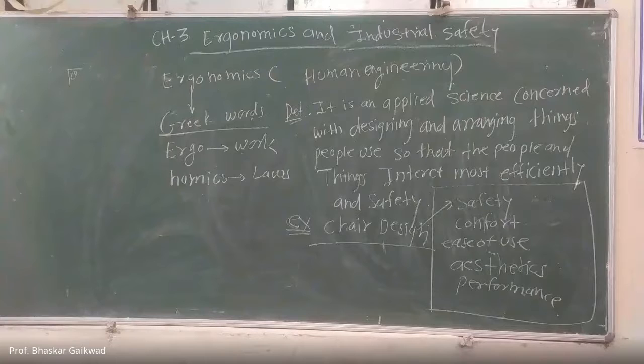Arranging things, things meaning various parts in our locations, and there should be good interaction with that part so that people feel safety, comfort, ease of use, aesthetics and performance. Here I have given the example of our sitting chair. While designing a sitting chair, you should always keep these five points in your mind.